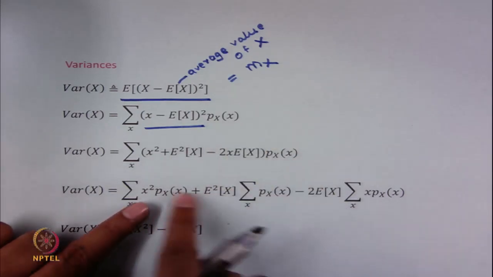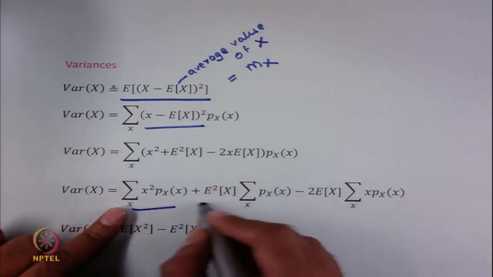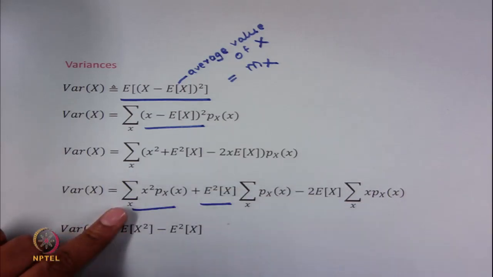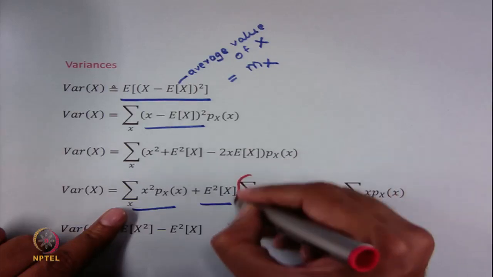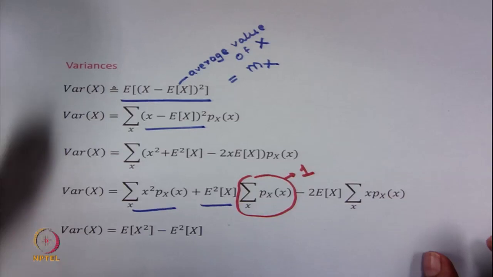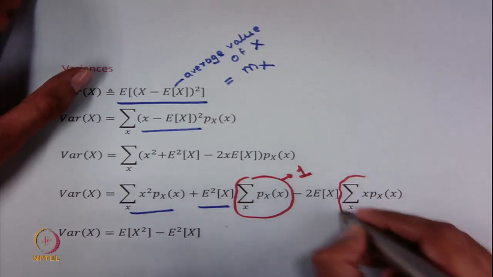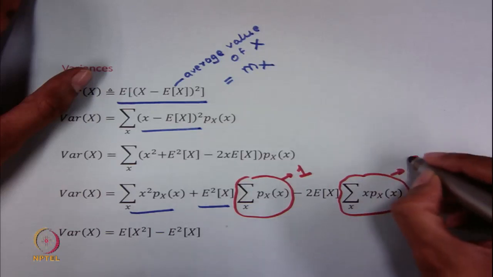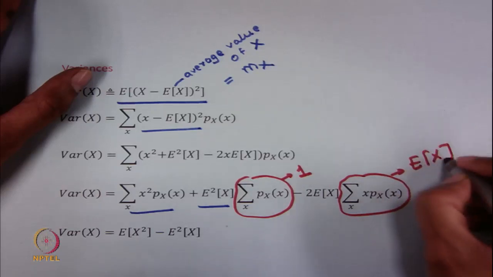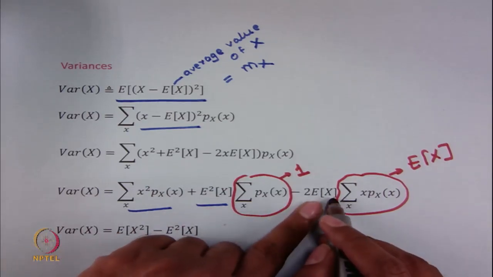If you work out this algebra, you get this plus this, and if you are careful again, this quantity is nothing but 1. Why is this 1? Because the sum of probabilities is always 1. This quantity is 1, and if you look carefully, this quantity is also E of x. So, this is E square x minus 2 times E square x.